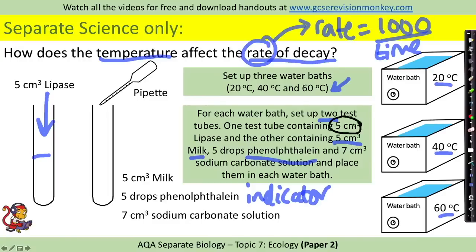All of these measurements we are going to measure out using a pipette, because that can draw up a fixed volume and place it in our tubes for us. Now we're going to place these into the different water baths.